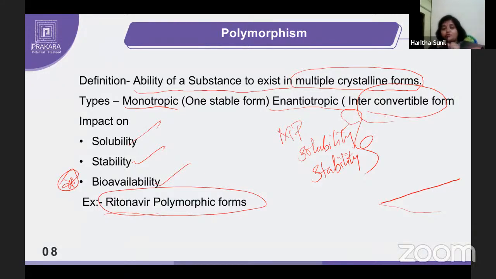So what impact has it shown? It required reformulation to ensure consistent drug performance. This example highlights the importance of controlling the polymorphic forms during the drug manufacturing process. This is how polymorphism is very important during drug manufacturing.